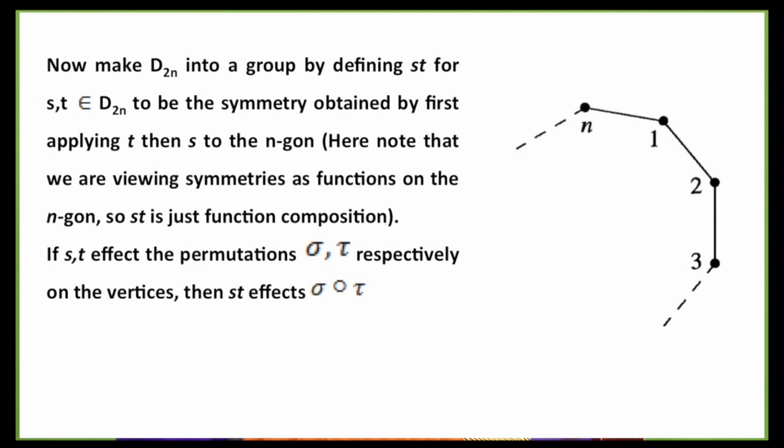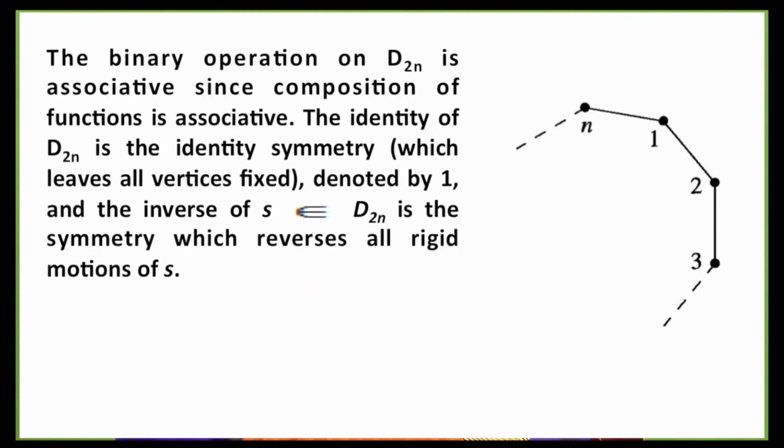If S, T effect the permutations sigma and tau respectively on the vertices, then ST effects sigma composed with tau. The identity of this binary operation on D_2n is the identity symmetry which leaves all vertices fixed, denoted by 1. And the inverse of S in D_2n is the symmetry which reverses all rigid motions of S.